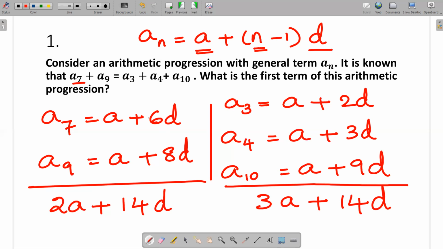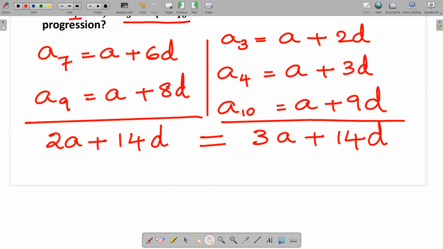Now, in the question, it is given that the sum of A7 and A9, the 7th term and the 9th term, is equal to the sum of the 3rd term, the 4th term and the 10th term. So you can equate these two now, and from this, we can see that 2A plus 14D is equal to 3A plus 14D.